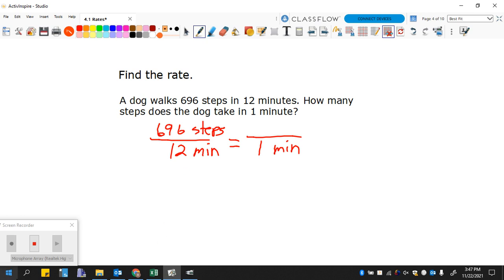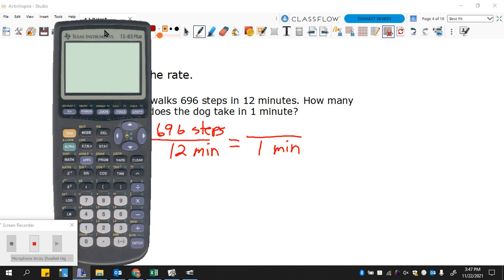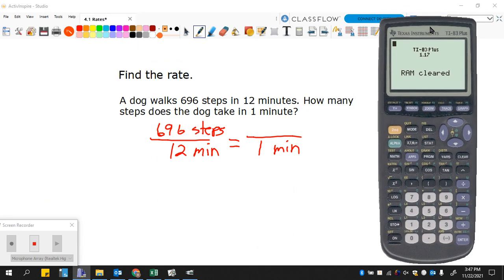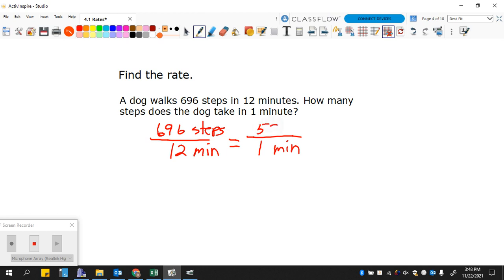I'm going to use my graphing calculator. So 696 divided by 12 gives us 58 steps in 1 minute.